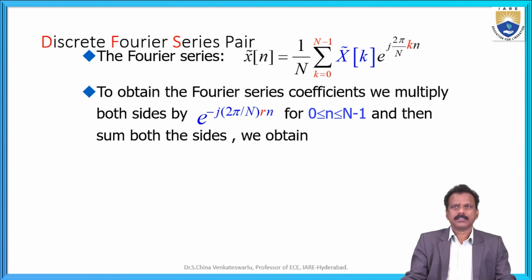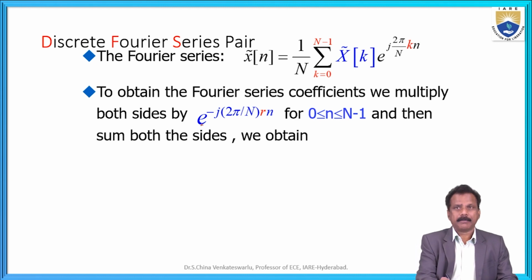To obtain these Fourier series coefficients, we multiply both sides by e power minus j 2 pi by capital N into r into n.